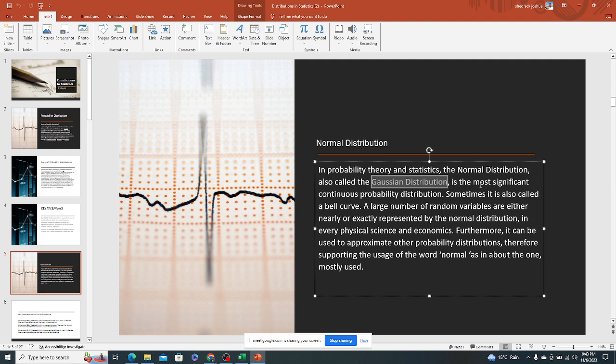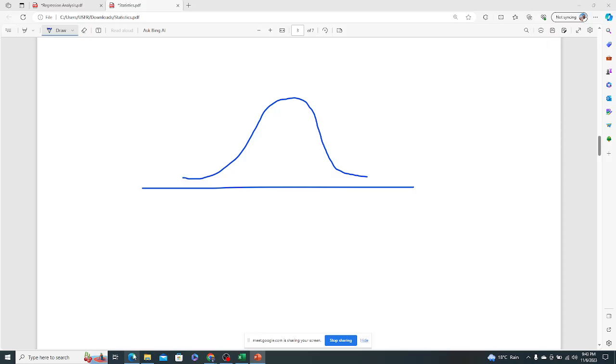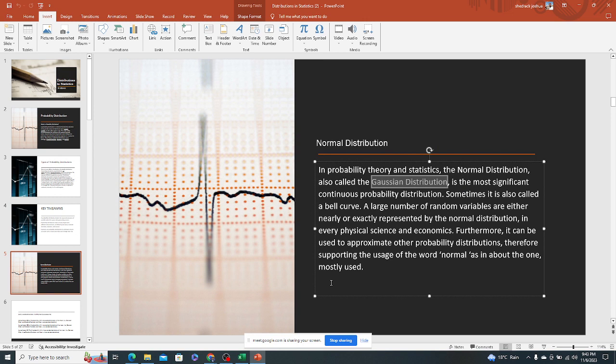It is the most significant continuous probability distribution. It is also called a bell curve, or bell-shaped distribution. You can see it looks like a bell. That's the reason why it is called that.